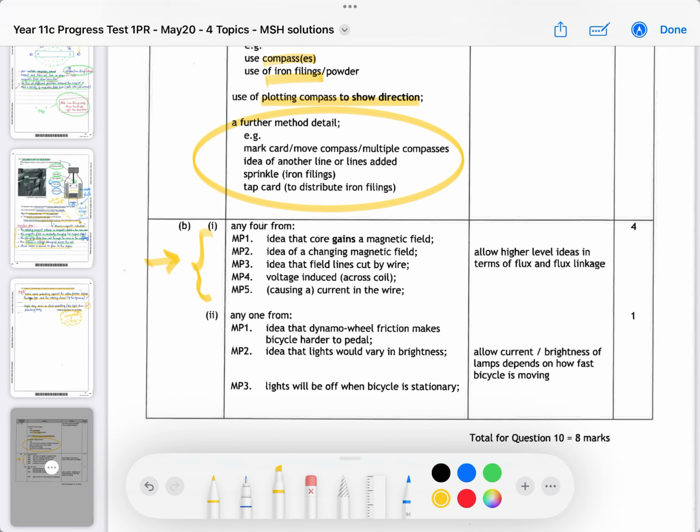Okay, so field lines cut by the wire, or field lines cutting through the wire, is a better way of putting it in this case. Okay, the changing field lines. So you want to have a changing magnetic field. If you have a changing magnetic field, it works.